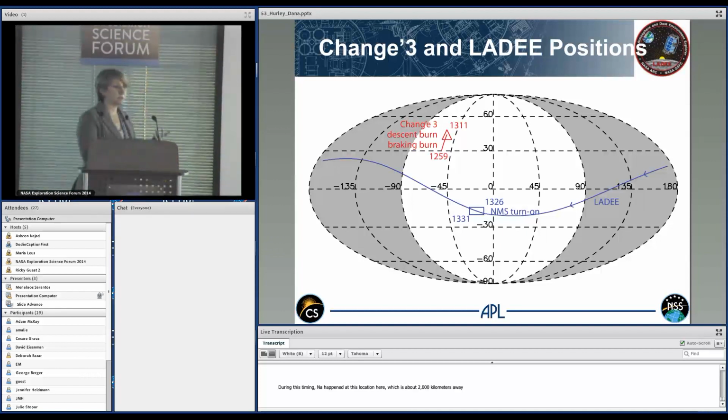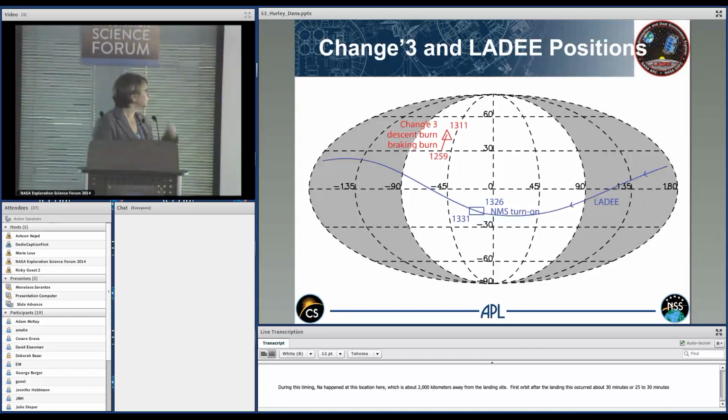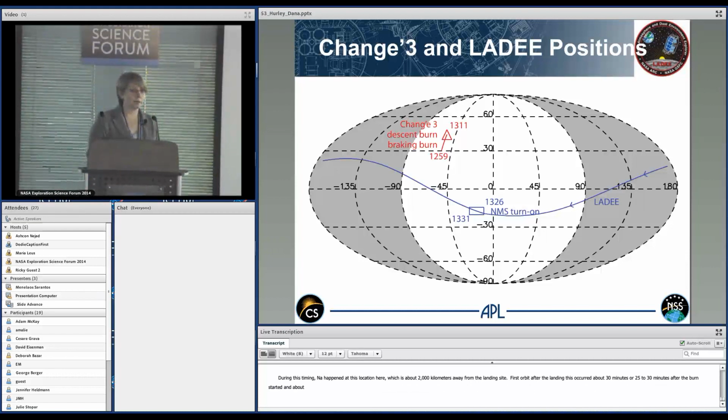And the first orbit after the landing, this occurred about 25 to 30 minutes after the burn started, and about 15 to 20 minutes after the actual landing was completed.